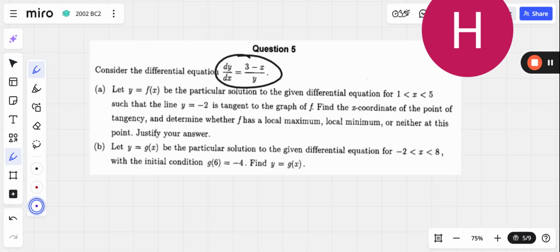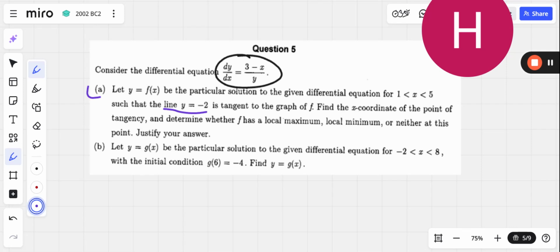Let's get started with part A. Let y equals f of x be a particular solution to the given differential equation, such that the line y equals -2 is tangent to the graph of f.